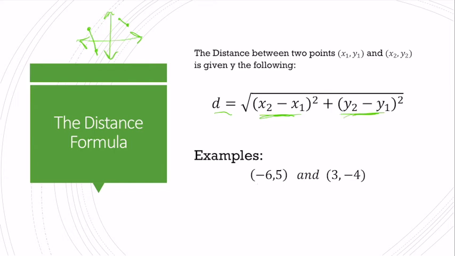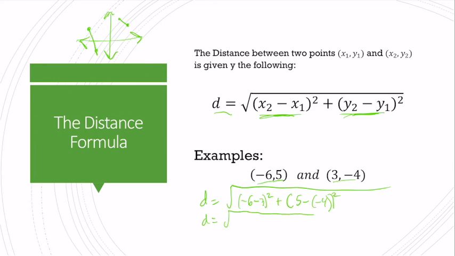So here's our example. If I have d equals the square root of -6 minus 3 squared plus 5 minus -4 squared. That gives me the square root of -9 squared plus 9 squared.